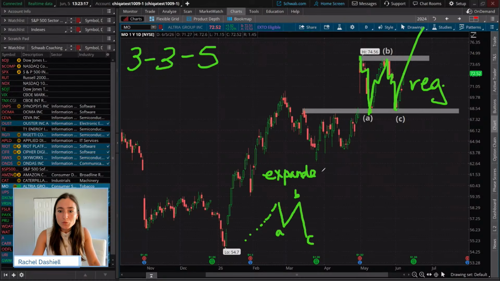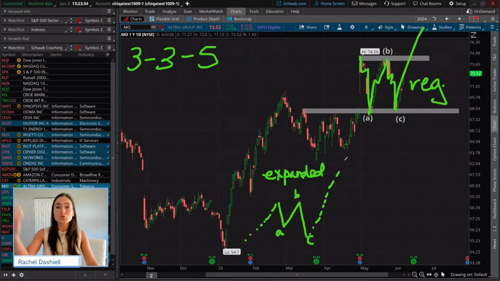When you see this, a classic signal is that it looks very much like possibly a top pattern. And this usually ends up being a double top that has failed because, of course, price is going to move its way back up to the upside. But essentially, when you see this, this is an expanded flat where C goes a little bit lower than A.